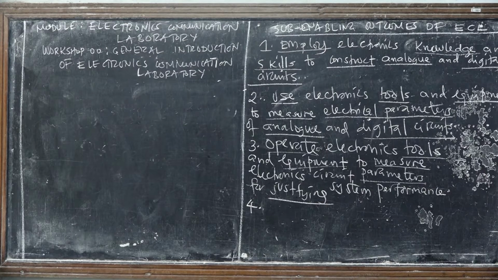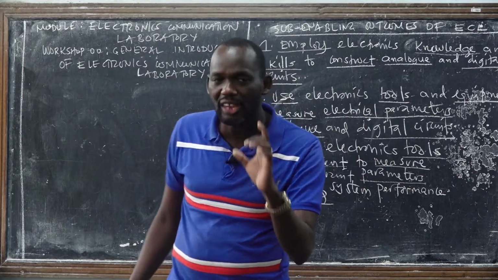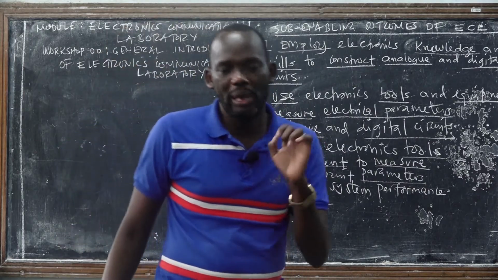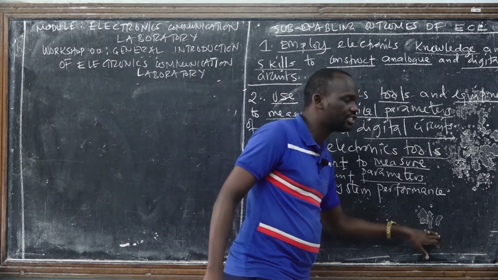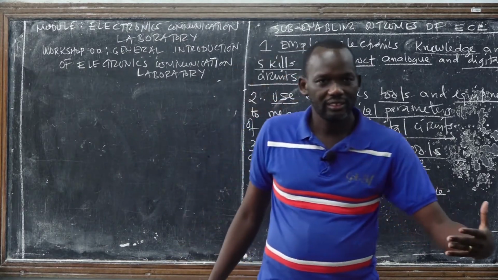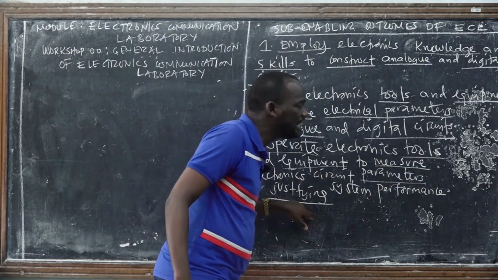So I told you that you as an electronics and telecommunication engineer should not judge the performance of any system, even a small system, for example where you have a battery, a current limiting resistor, an LED, and a switch. Once you turn on the switch, the LED turns on.